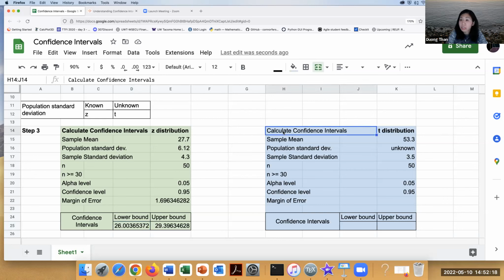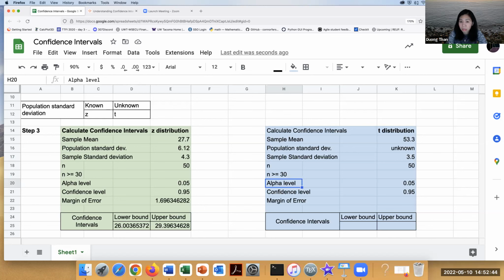Now for the t distributions, again, you have pretty much all the same pieces of information compared to the z distributions, except the population standard deviation is unknown in this case. So that's why you have to use the t distribution. And then the sample standard deviation is used in this case because this is the only standard deviation that we know.